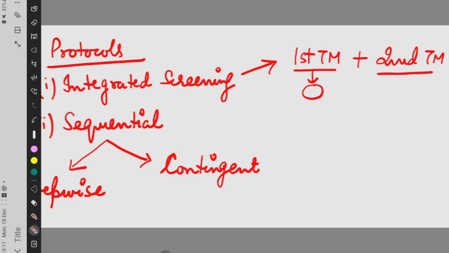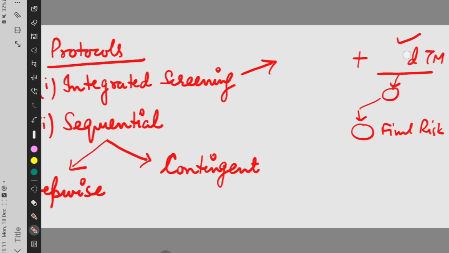We will ask all patients to undergo second trimester screening as well, and then we will combine both reports and give the final risk to the patient. This is integrated screening. It is usually done in high resource countries like the USA. ACOG recommends both first trimester as well as second trimester screening to all patients.